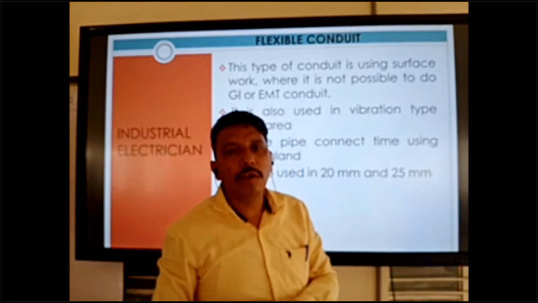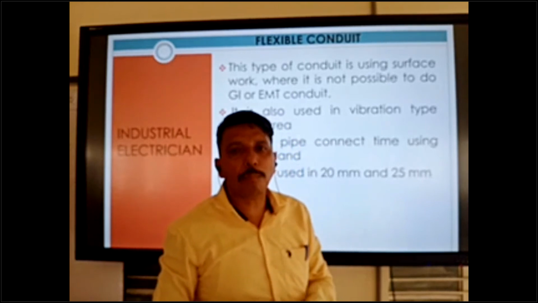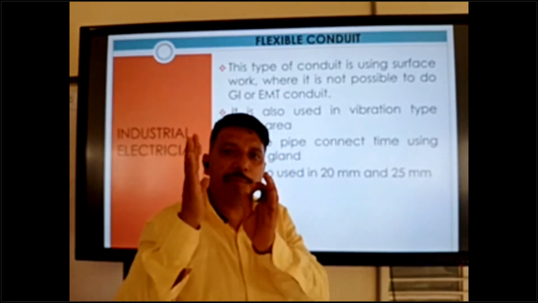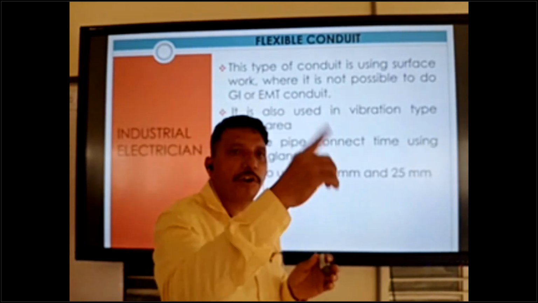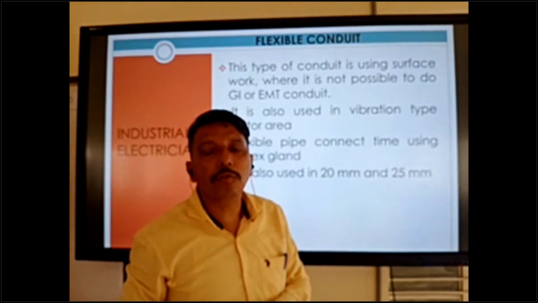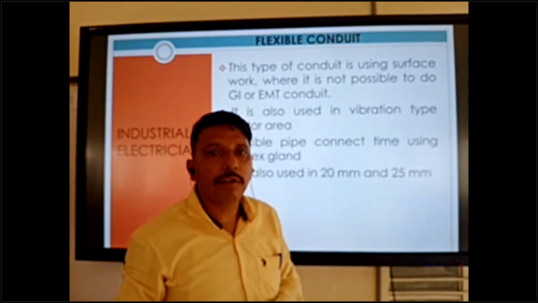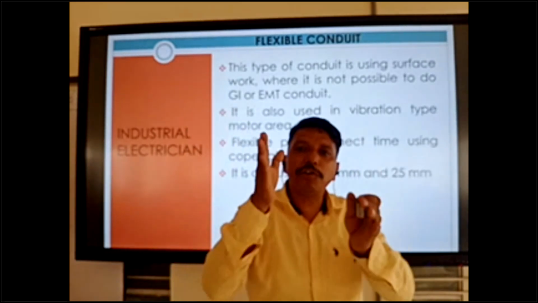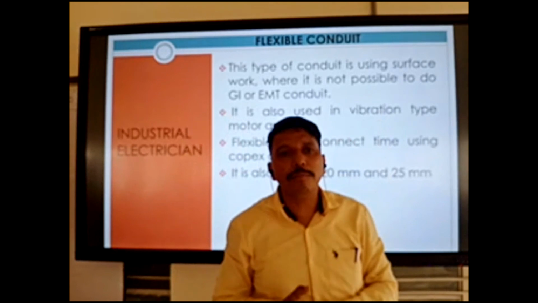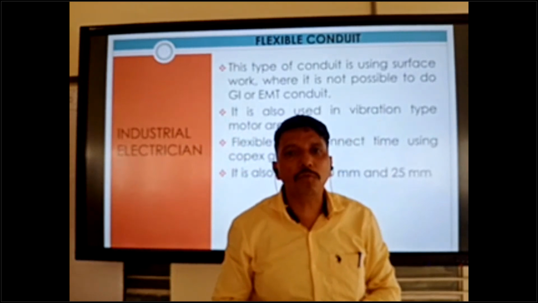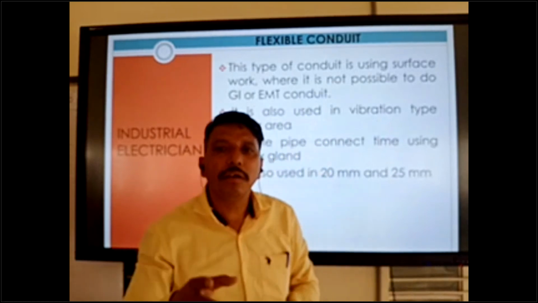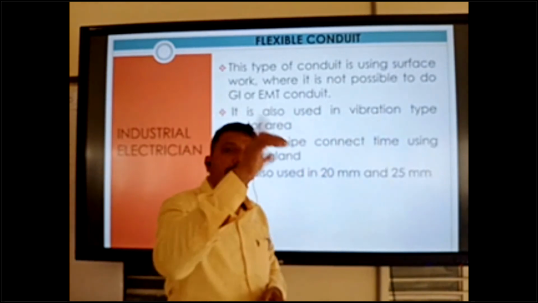So suppose, for example, the DB to motor conducting length is 25 meter. You can start GI conduit from the DB for 22 or 23 meter of GI conduit or EMT conduit.